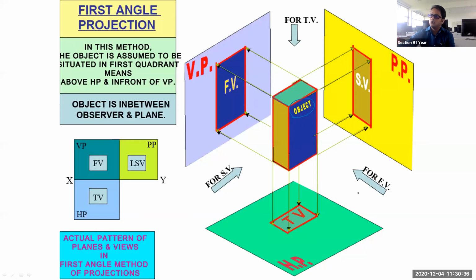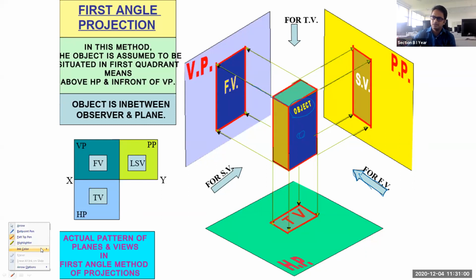Suppose the observer is looking from this side, this big arrow. If the observer is looking from this side, this blue color, this will be the front view. So how the lines are projecting, you can observe it from here.